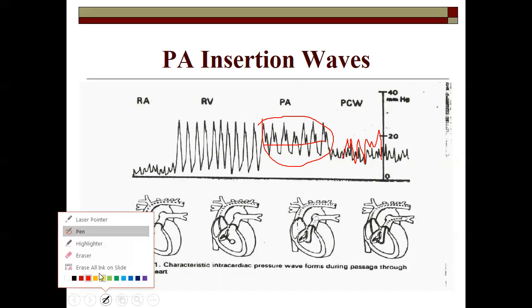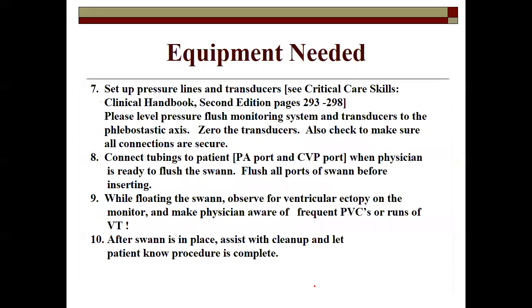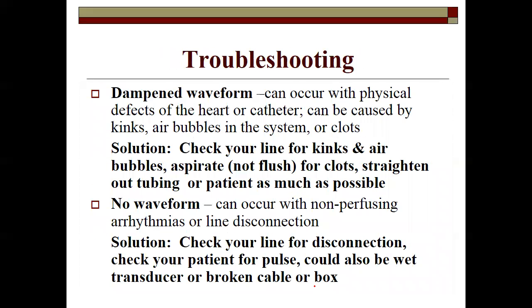Most likely something is occluding the system. There's air in the line, or something that's kinked in the line and it's not able to read correctly. So always try to follow your line to make sure there's no air in it, make sure there's no kinks in it.